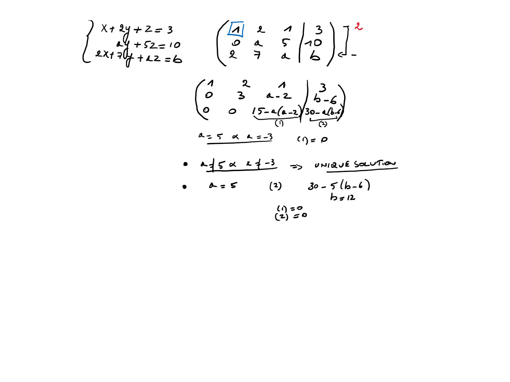And you have an equation of the type 0z is equal to 0. Okay, so a equal to 5 and b equal to 12 will lead to an infinite number of solutions.